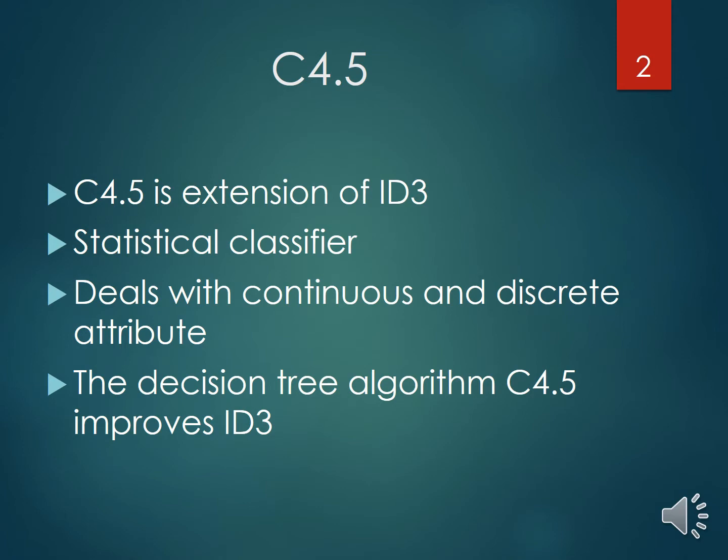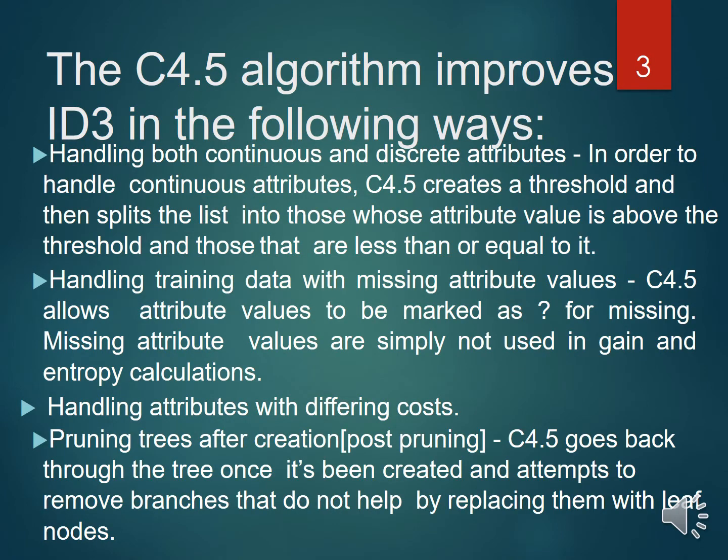So the decision tree algorithm C4.5 is an improvement of the ID3 algorithm. Let us see what all has been improved. The first thing is that it handles both continuous and discrete attributes.